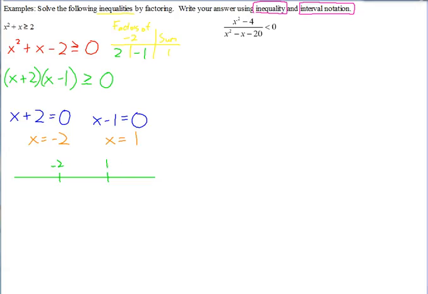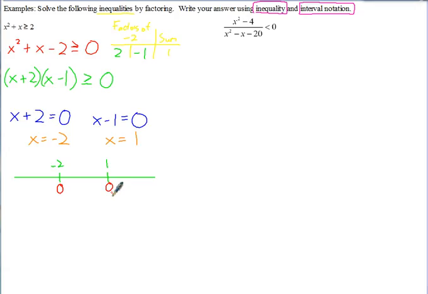We know that if one of these factors is 0, the whole thing when you multiply together is going to be 0. So both of these, if you put them in for x, make it exactly equal to 0. But what we want to know is where it is greater than 0 as well as equal to 0. So these are two of our solutions, but they're not necessarily the only ones.